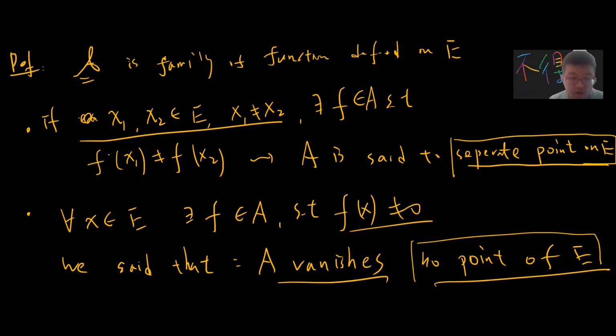Let's see some examples. All the polynomials on [a,b] satisfy these two. This is trivial; you can prove it by yourself. Now suppose you only talk about even functions. Then x and negative x cannot be separated, so this is a non-example.